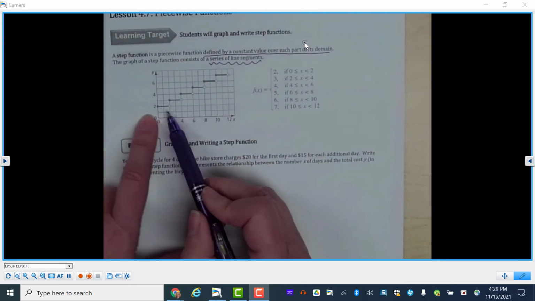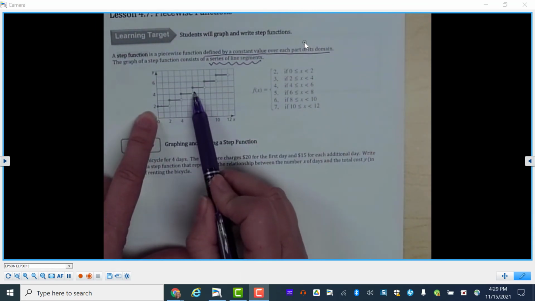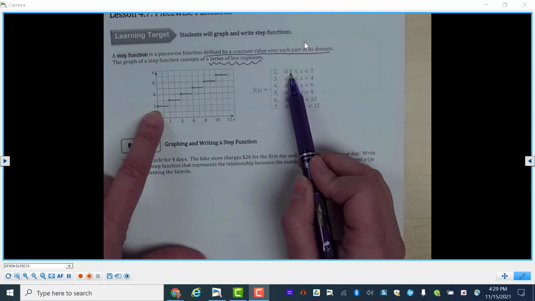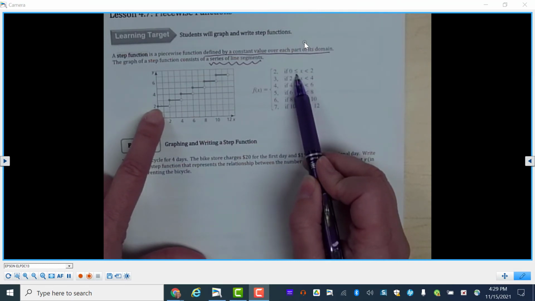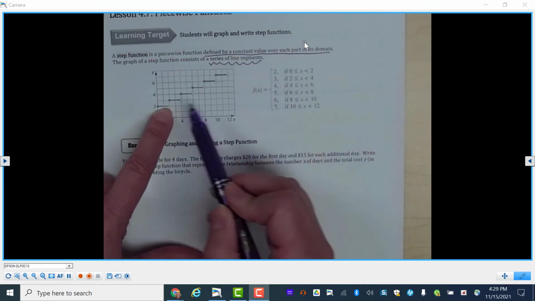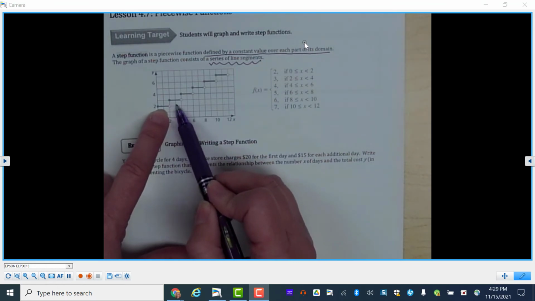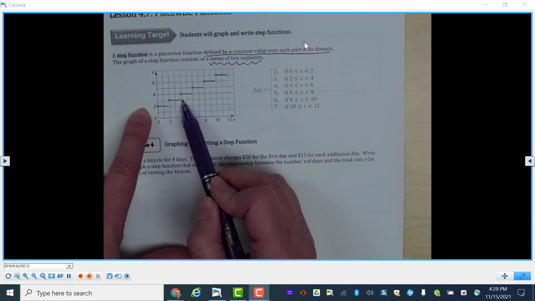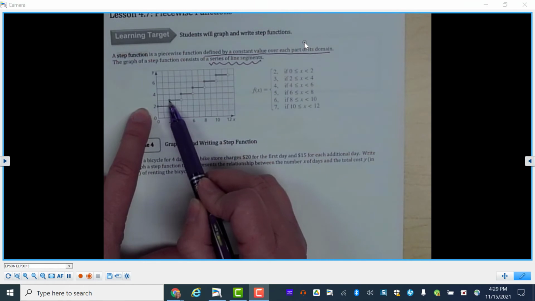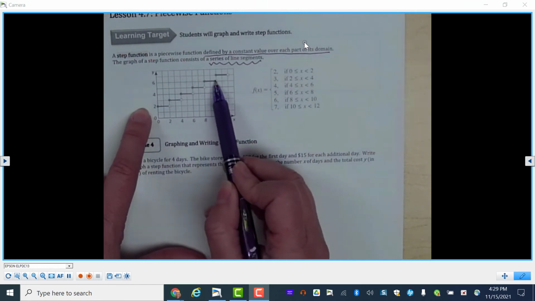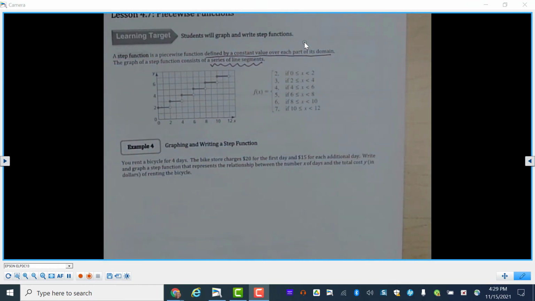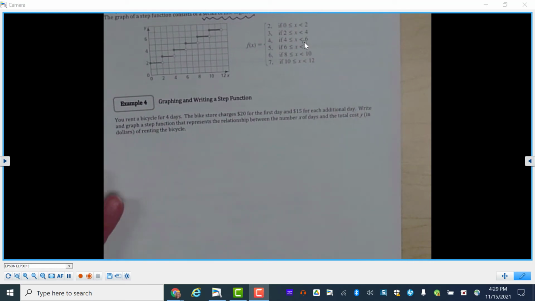So you've got a line segment, line segment, line segment. If I look at this one, 0 is greater than or equal to x, but less than 2, so it doesn't count. So if it were to be 2, or 3, we're right here, 4, 5, 6, and 7. So how would I graph one of these?